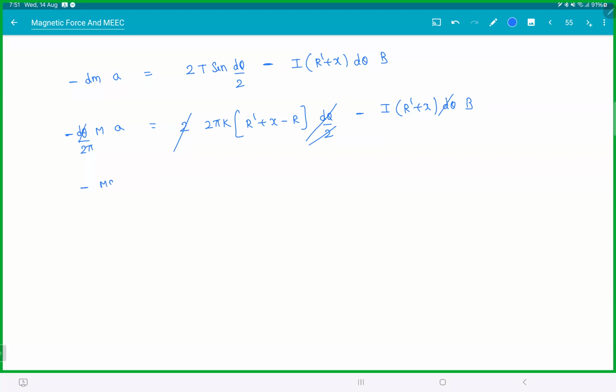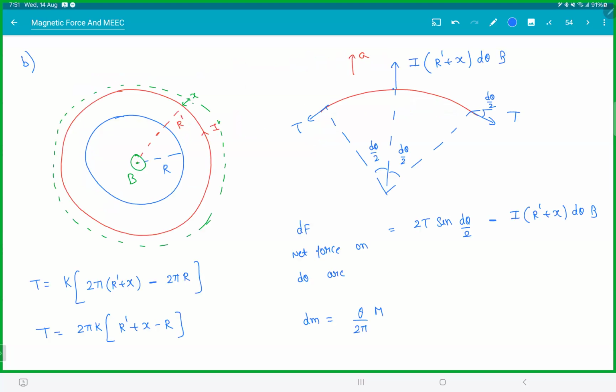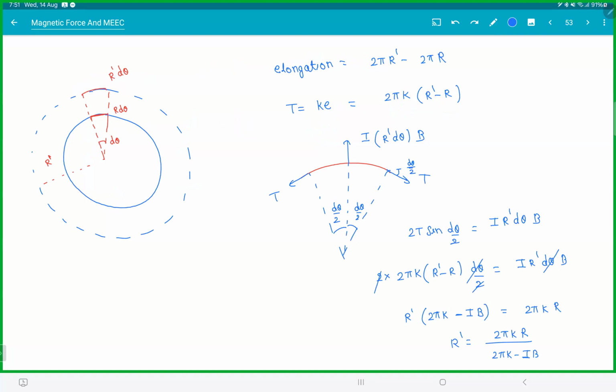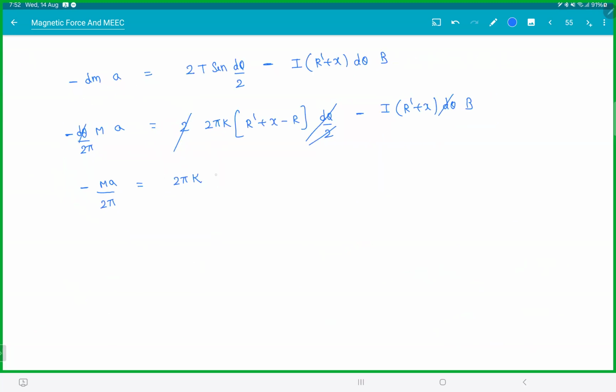You end up with Ma by 2 pi. This guy would be 2 pi k. I already know r dash का value, right? तो substitute कर सकता हूँ. I already know 2 pi k minus ib is this. I need to substitute here. 2 pi kx minus ibx, plus 2 pi k (r dash minus r) minus I r dash b.